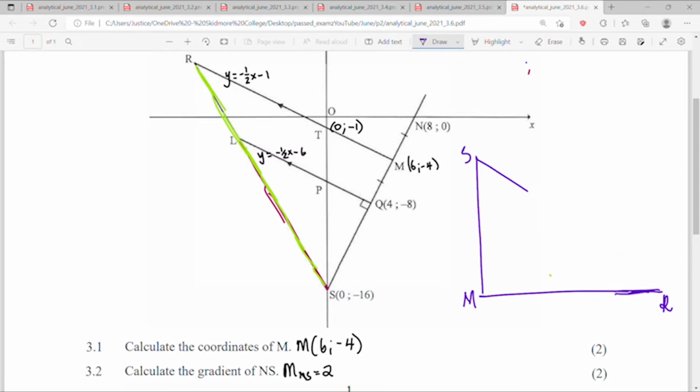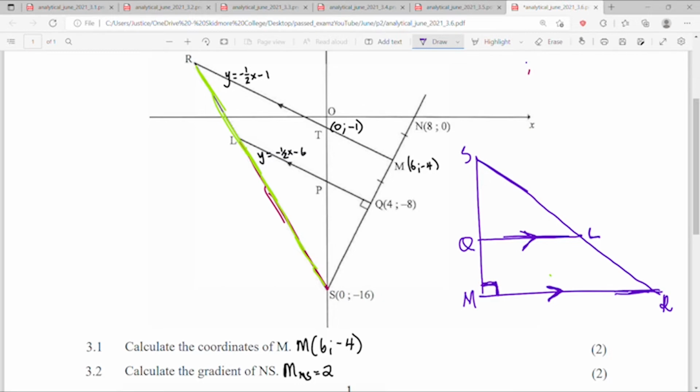Somewhere here, we're going to have this straight line, and this is T. Nope, that's Q. And that's going to be L. And then we know that this one is parallel to this one. Now it's right side up, and it's much easier to see.